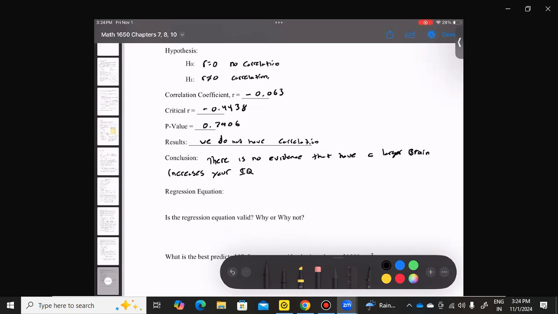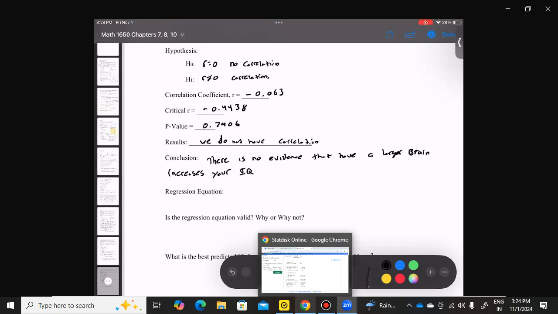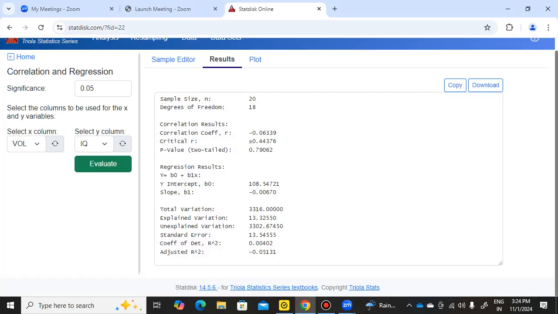Right. So what is the regression equation in this case? Well, we still have the values that are given. The IQ equaling negative 0.0067 times the volume plus 108.55.